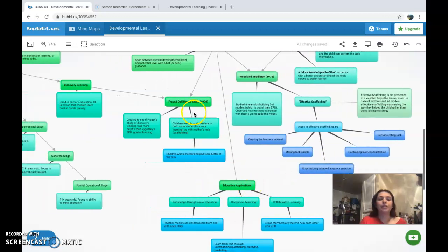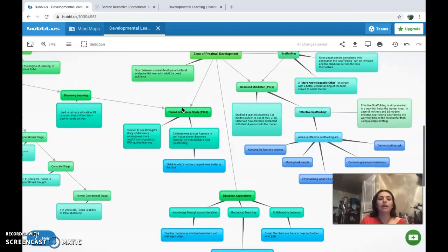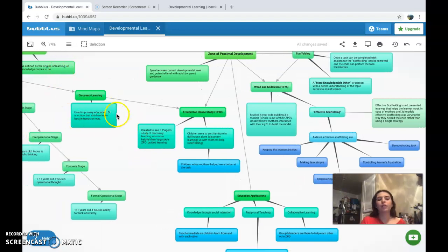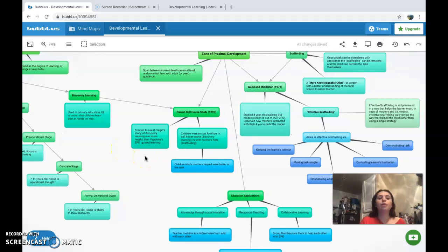Now, I mentioned earlier the dollhouse study. This study was created to see if Piaget's study of discovery learning, or what was an educational model based on the theories of Piaget, was more helpful than Vygotsky's zone of proximal development.